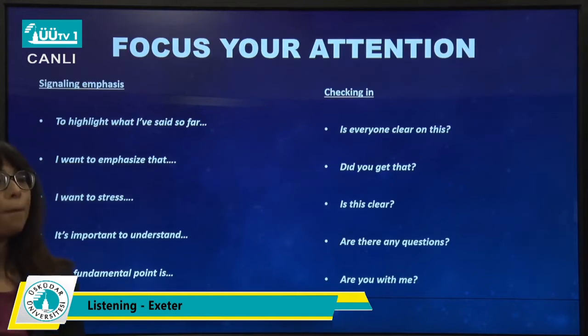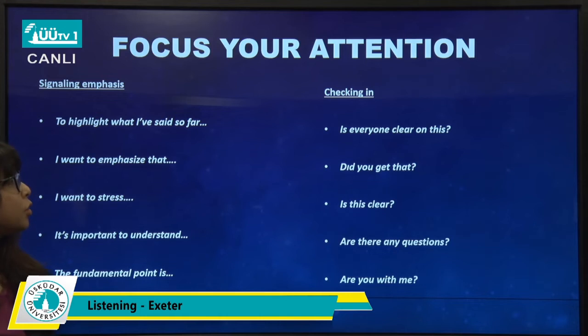Okay, so during a lecture, you will hear a lot of information quickly, and that is why lecturers or teachers often use signaling words, in other words, emphasized phrases such as this to focus your attention on the lecture.